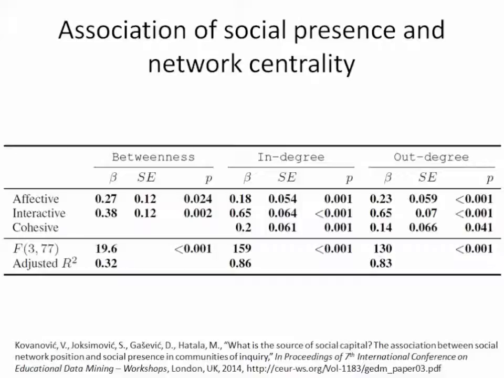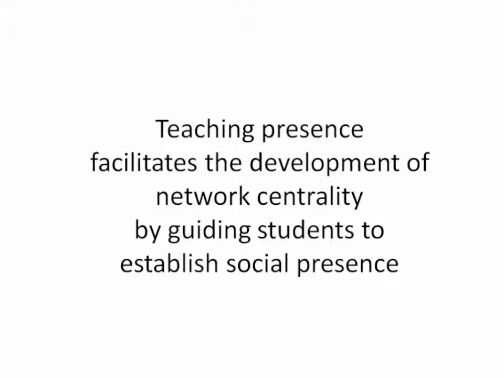On the other hand, betweenness centrality was best explained only by affective and interactive messages, while cohesive messages did not show any association. In this case, we can see that social presence, especially as an important construct of the community of inquiry, can have very significant influence on the role students will play inside of an online learning community.